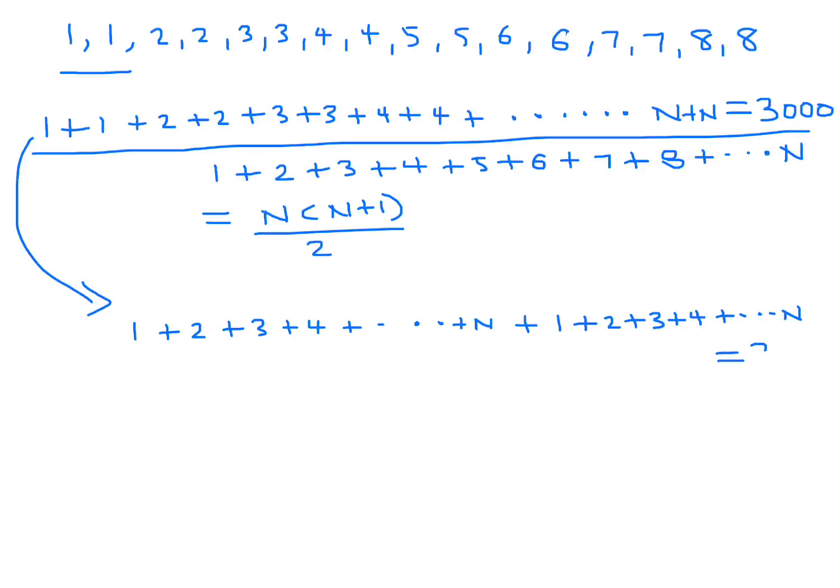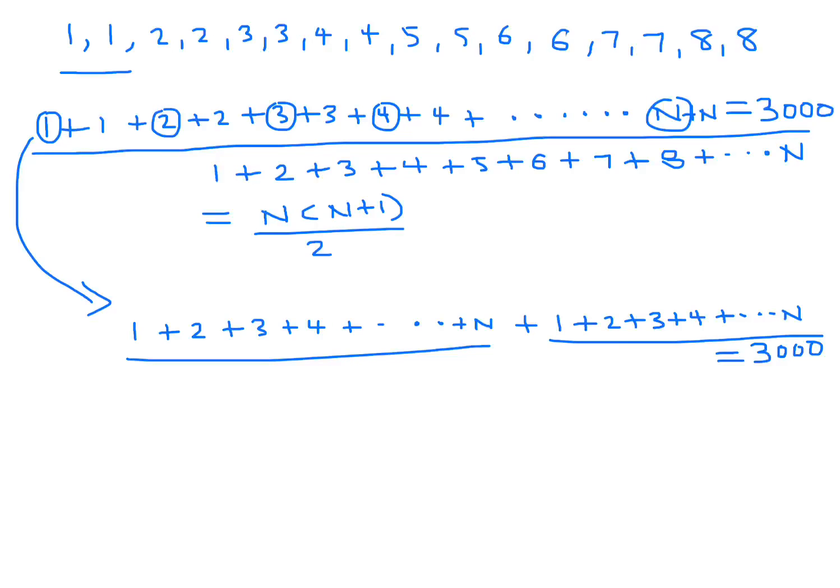Do you see what I did there? It equals 3,000, or comes close to 3,000. I just split up the question into two parts, and the reason I did that is so I can use this formula.